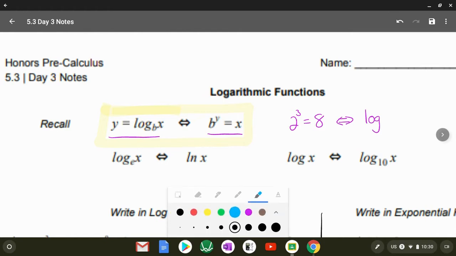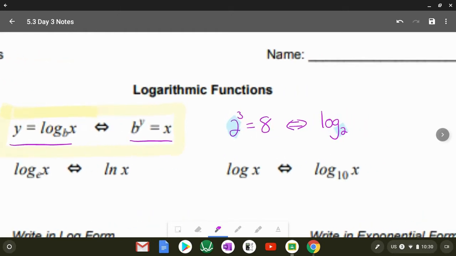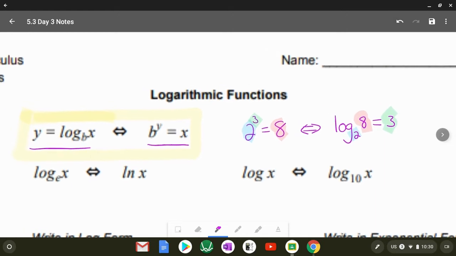The base of the log is always going to match the base of the exponent. And then the inside of the log is always going to be the answer of the exponential, and that equals the exponent, which is going to be the answer to the log form.